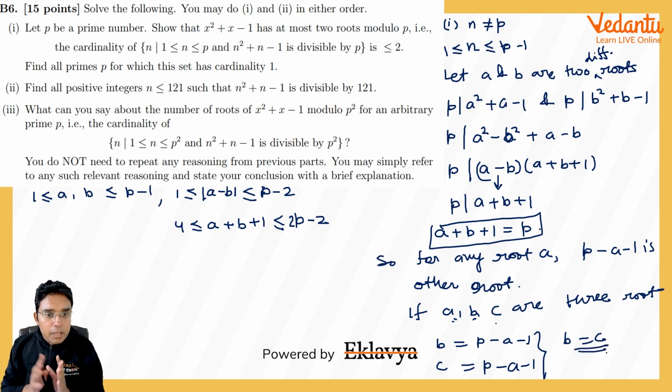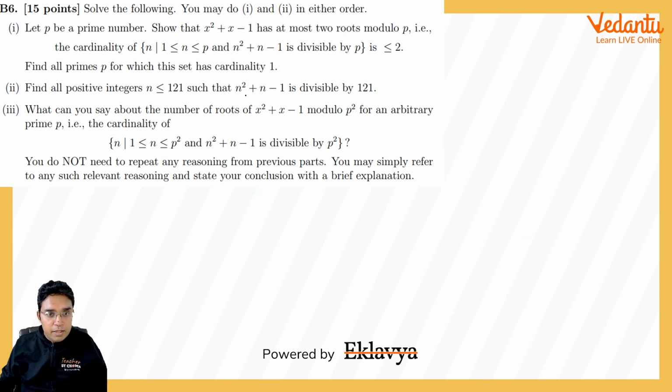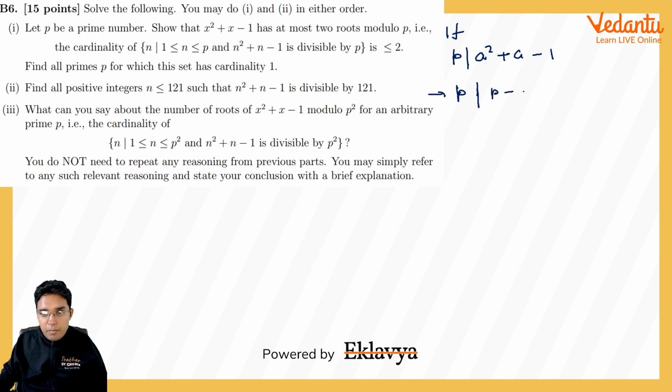Now, when will there be one root? Please understand, to prove this I'll claim first that if p divides a square plus a minus 1, then p will definitely divide (p minus a minus 1) square plus (p minus a minus 1) minus 1.